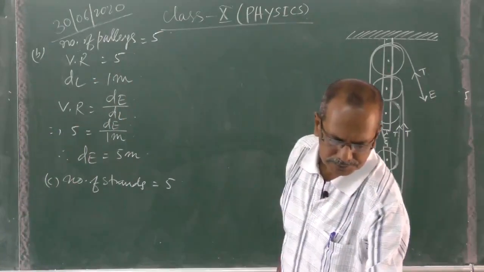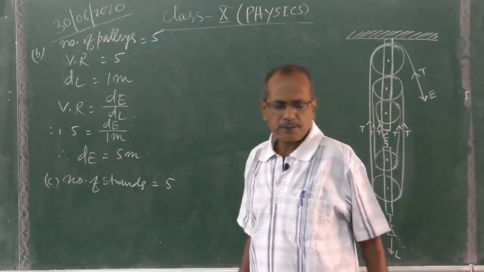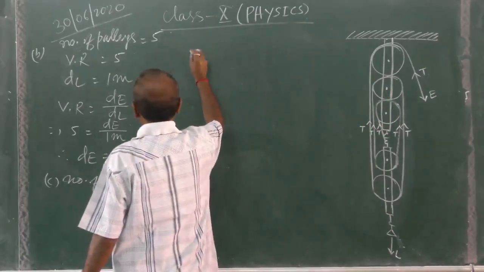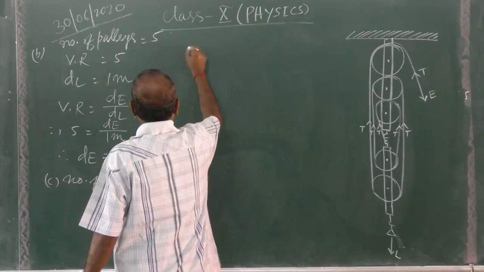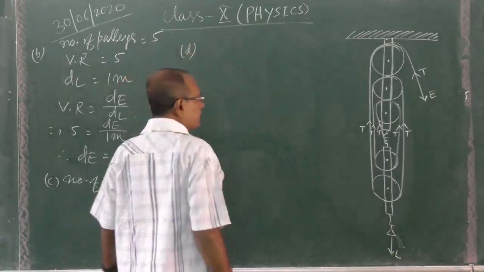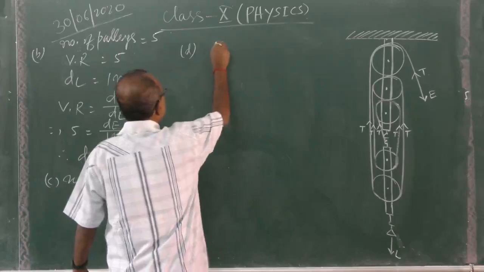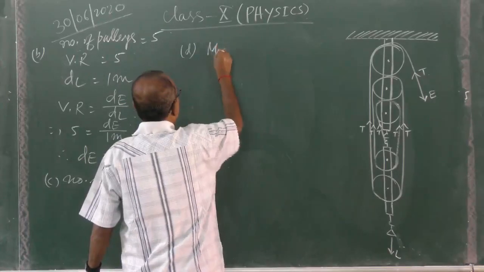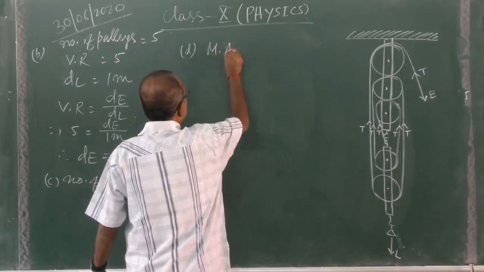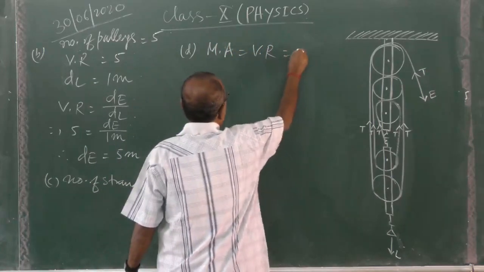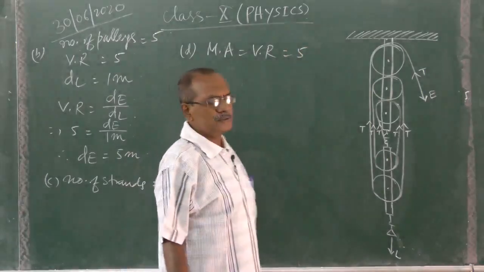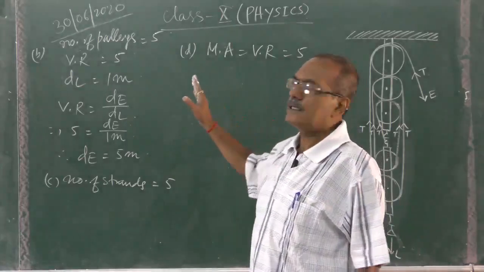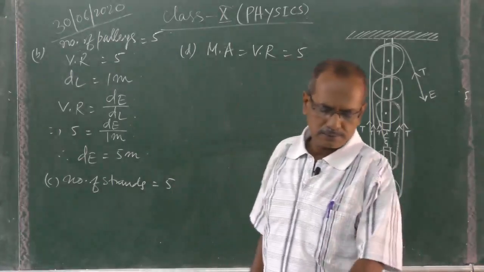Part D. What is the mechanical advantage of the system? MA is simply equal to VR, which is equal to 5, because nothing is mentioned here. Okay, nothing written, it means it is the ideal case.